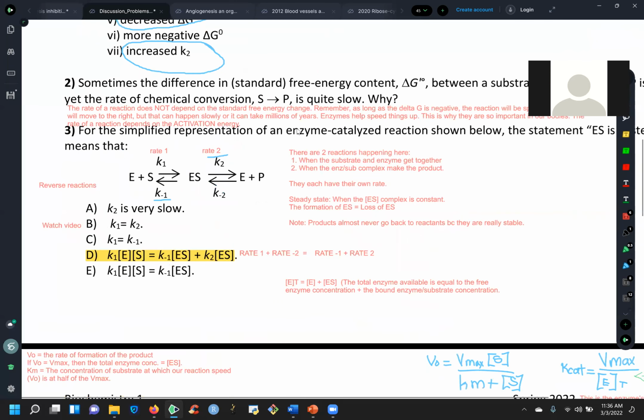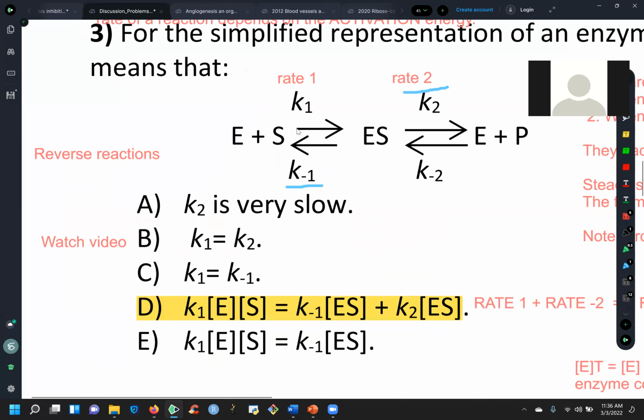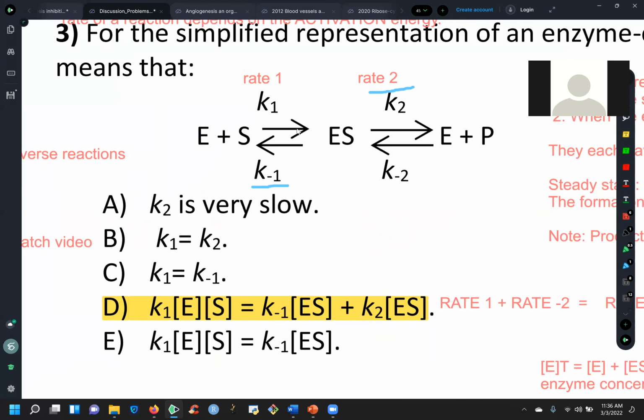I'm going to start off with this reaction. Try to color code everything that you do because it's going to help you memorize things better.